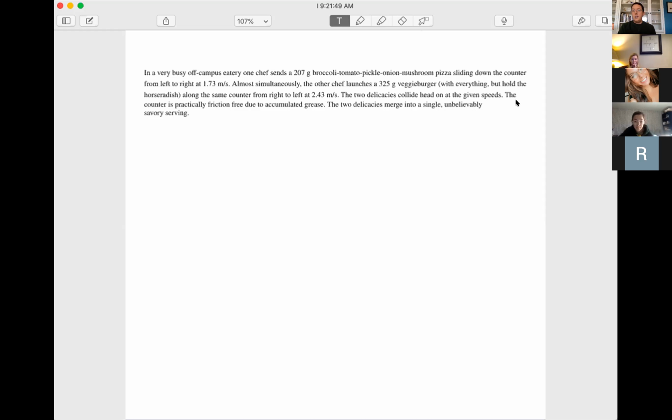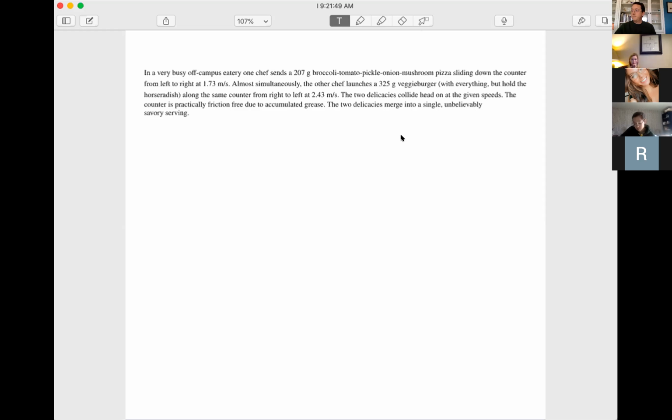And they collide, and there's no friction, so don't worry about that. And they merge into a single pile of food. Anyways, the problem got cut off. We're supposed to find the final velocity of this big pile of food.